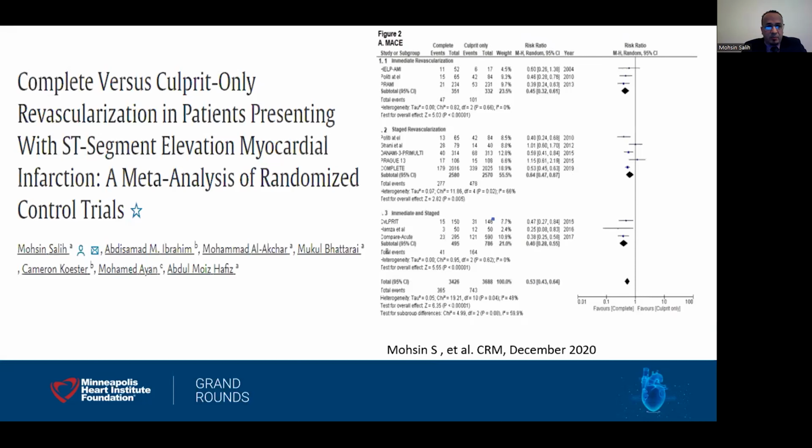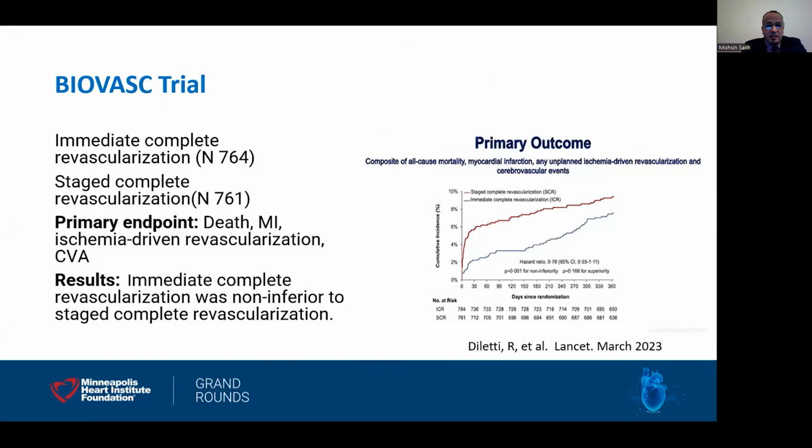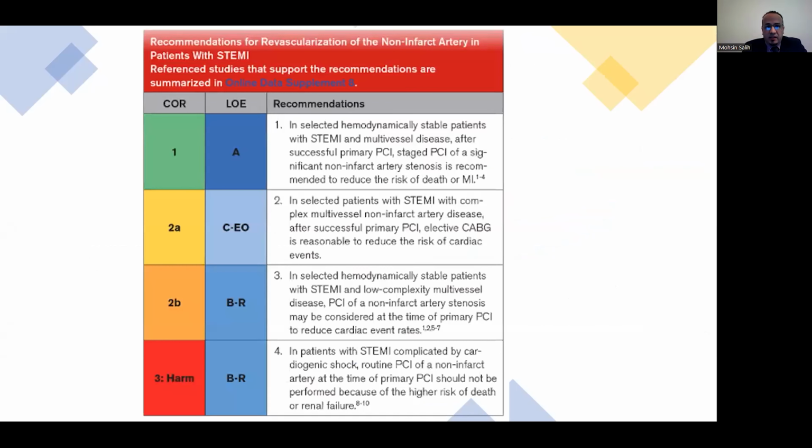We did this meta-analysis, and the last trial that came out showed immediate complete revascularization versus staging. And now the guideline that we have is level 1: treat the culprit and treat the non-infarct artery if the patient is symptomatic or has a positive stress test.